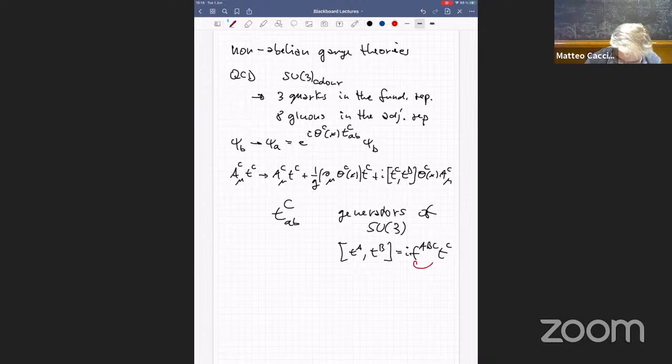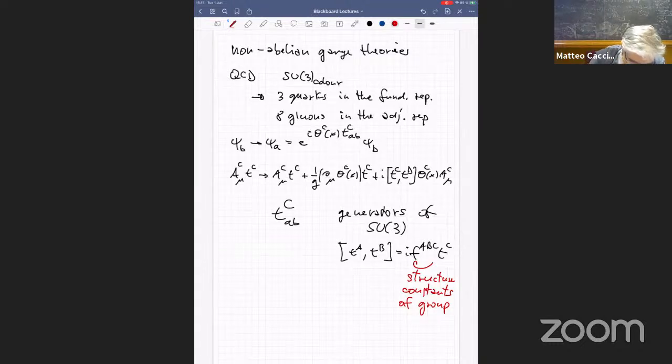And the f^{ABC} are the structure constants of the group. And they characterize completely the group. This is called the Lie algebra of the group. If you know the f^{ABC}, then the whole group is set.